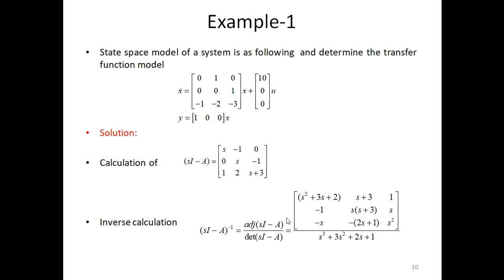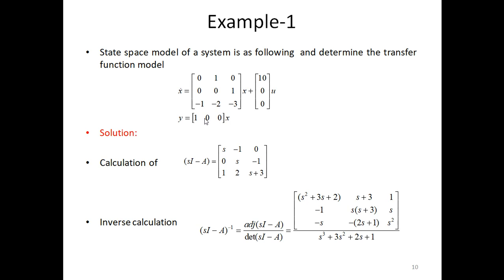Considering an example, if we have a system represented by state space representation, here this is the state equation representation in terms of matrix, and this is the output equation.